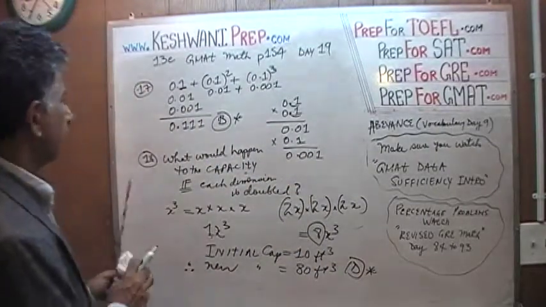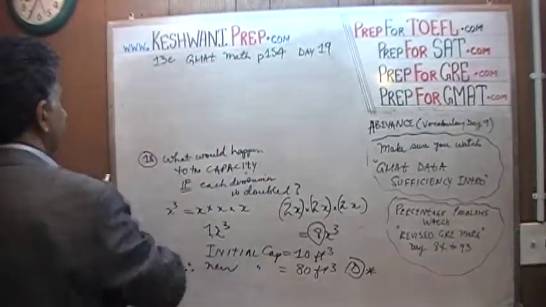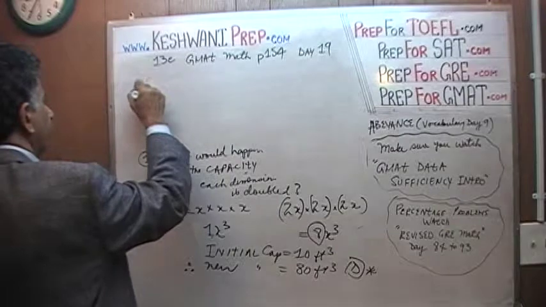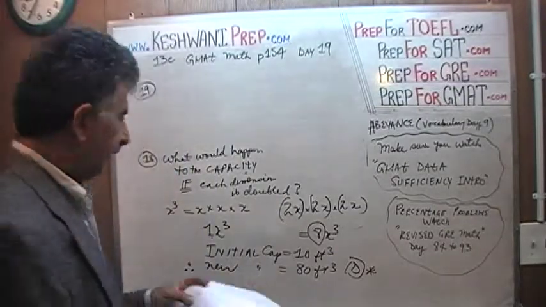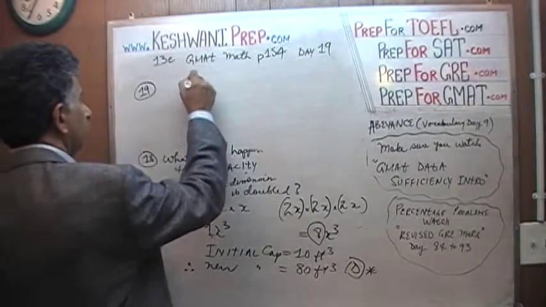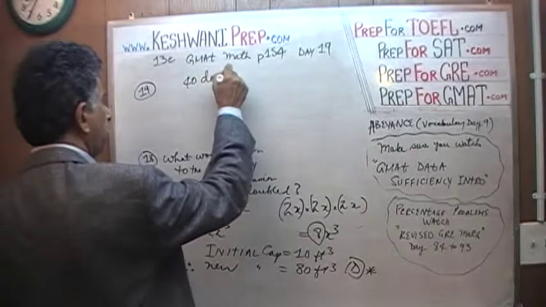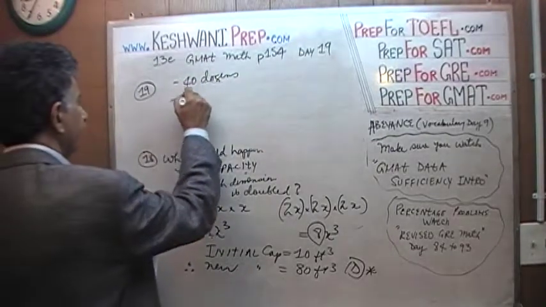Let's do one more on the top. Number 19. We are told that we have a baker who has 40 dozen donuts.